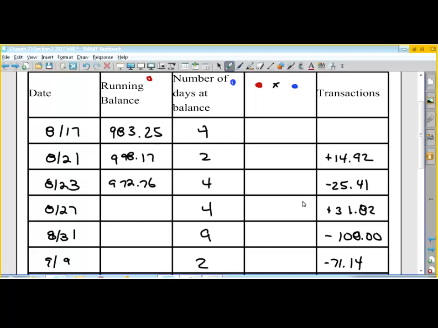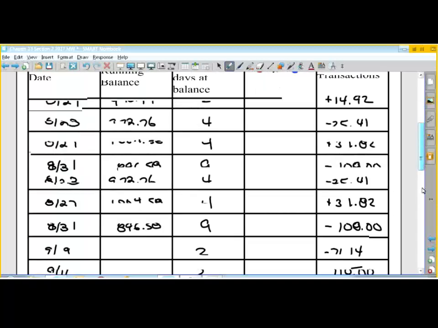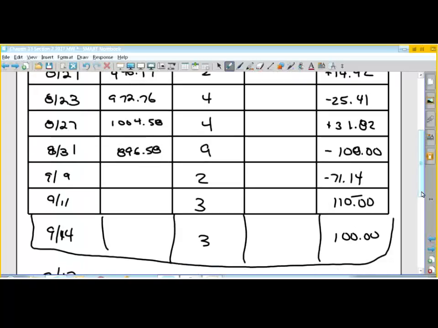I bought something that was $31.82. So that's add $31.82. So now I owe $1,004.58, and then I make some kind of payment here, so I'm decreasing the balance, $896.58, and I'm getting some credit again here for something, so I'm going to reduce the balance, $825.44.